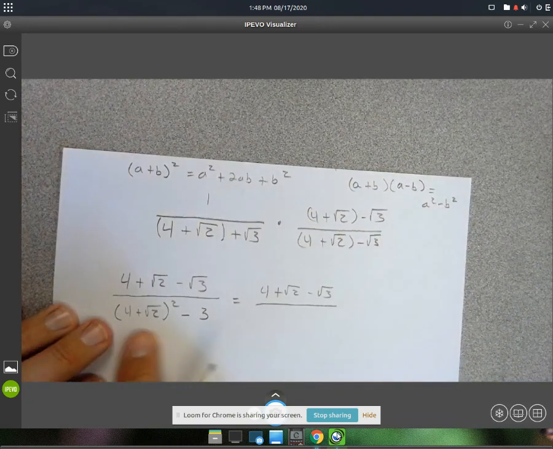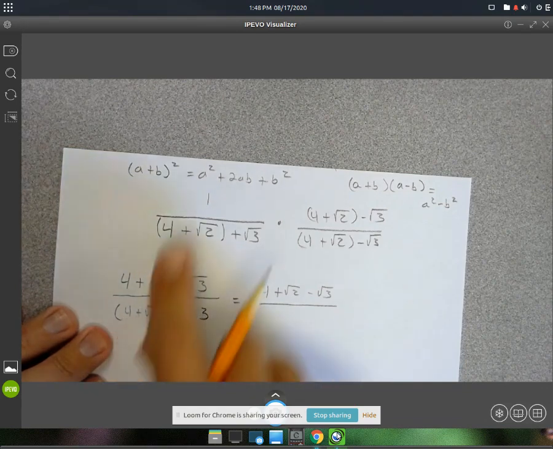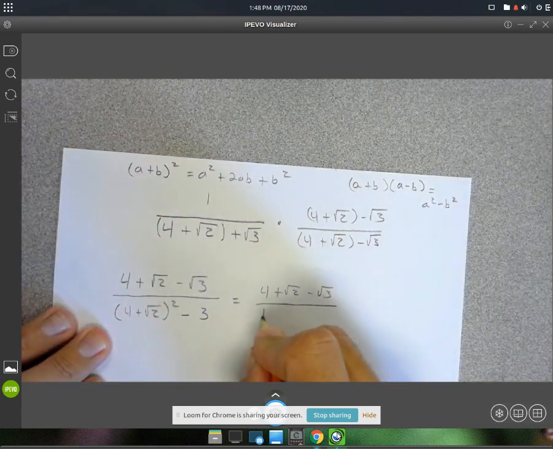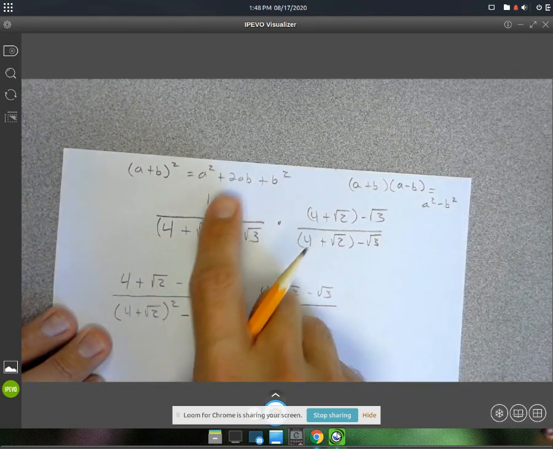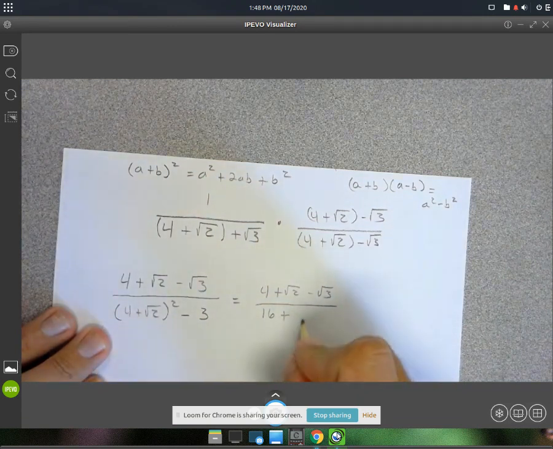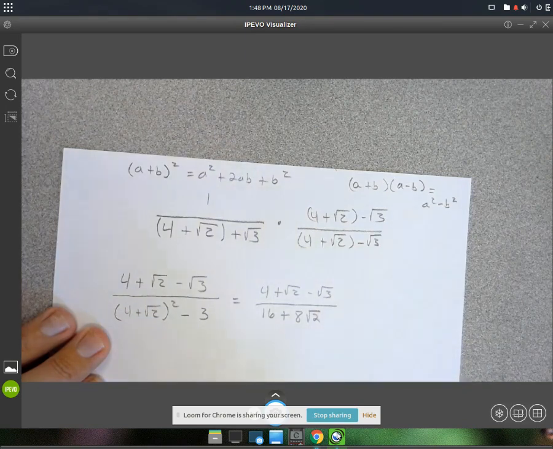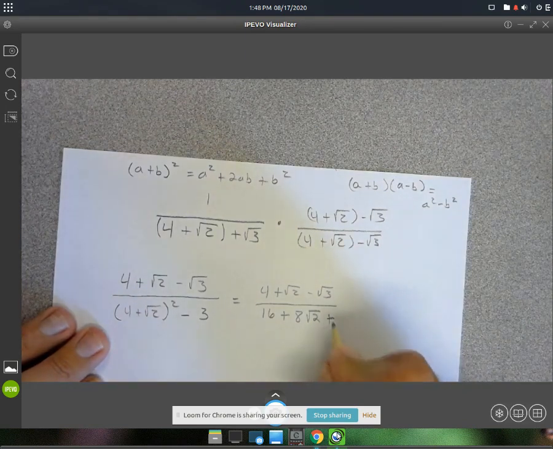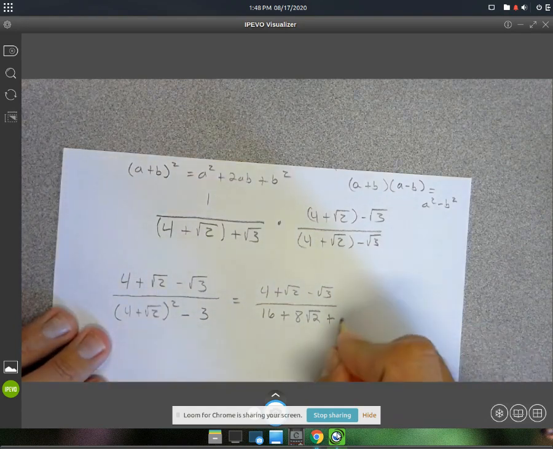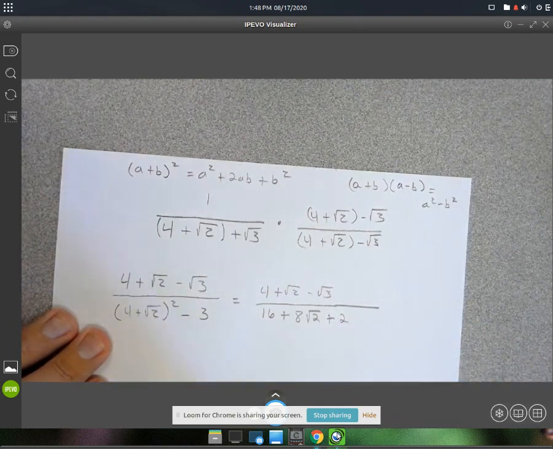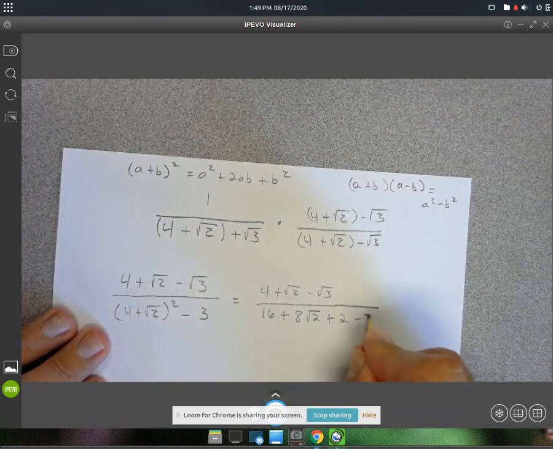Then in the denominator, we're going to have 4 squared, that's the a squared, so 16, plus 2 times a times b. So 2 times a is 8, and our b is the root 2, and then plus our b squared. So that'll be root 2 squared, so just 2. And then we still have that minus 3 there.